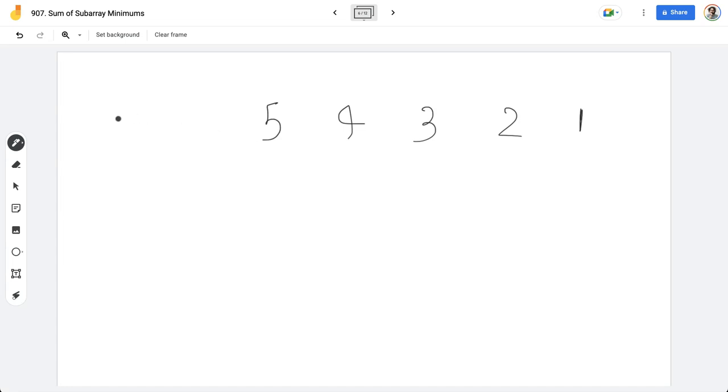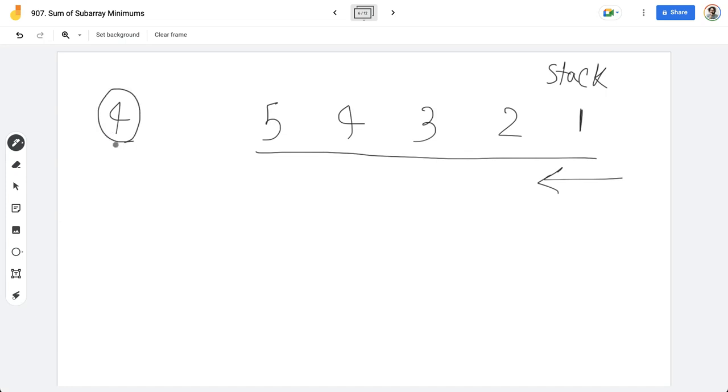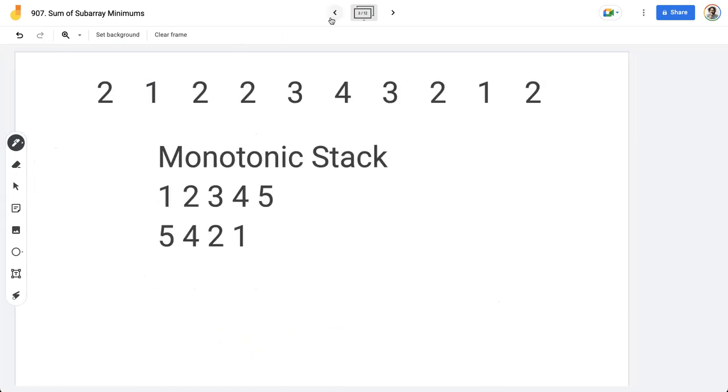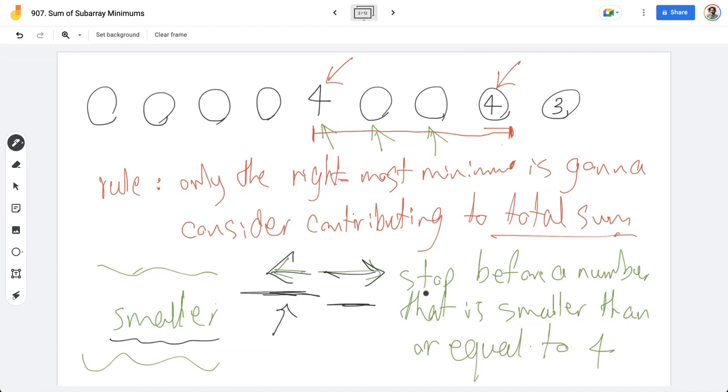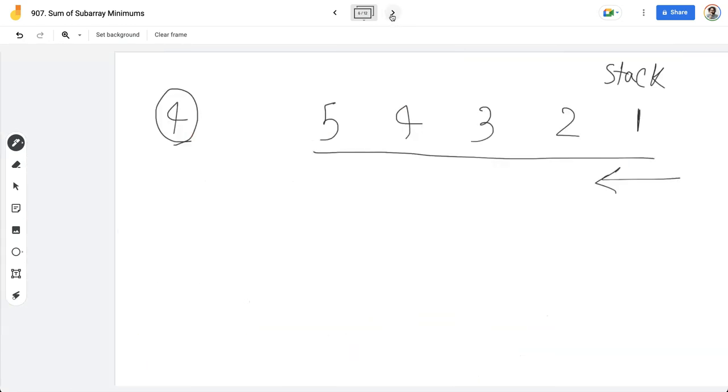And now here we are standing on number 4. So this is the stack, and the stack is coming from like right to left, and we are at number 4. And again, remember that stop before a number that is smaller than or equal to 4. Smaller than or equal to 4.